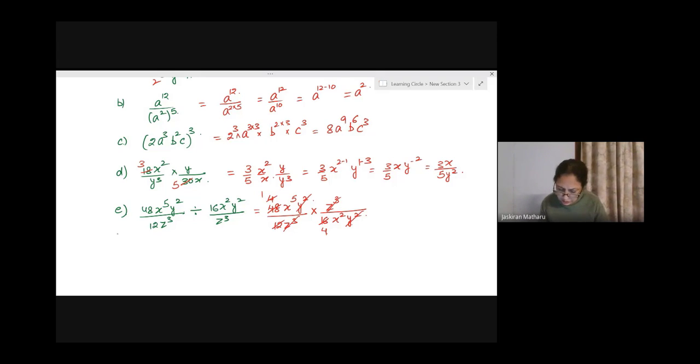So we are left with 1 by 4 x raised to 5 divided by x square. So this is equal to 1 by 4 x raised to 5 minus 2, or 1 by 4 x cube. I hope with these examples, laws of the exponents are clear to you.